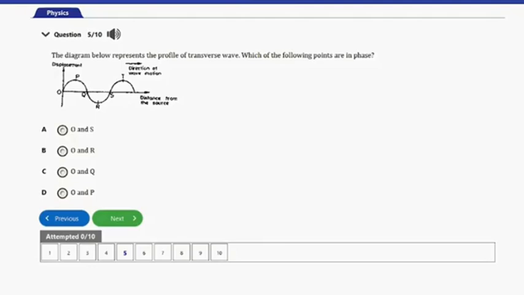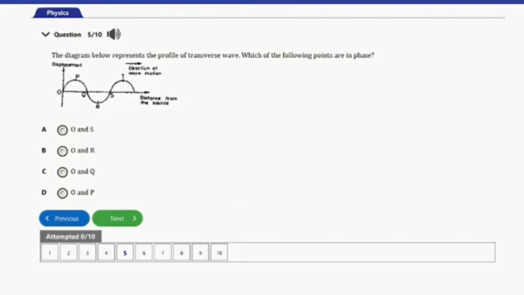Alright, so guys, looking at this diagram, the points that are in phase here are points P and T, and also points O and S. Out of the options, that's O and S. So let's recall that for these two points to be in phase, the distance between them should be equal to 2 pi. And that's it for O and S here, and P and T. So option A is the answer to this question.